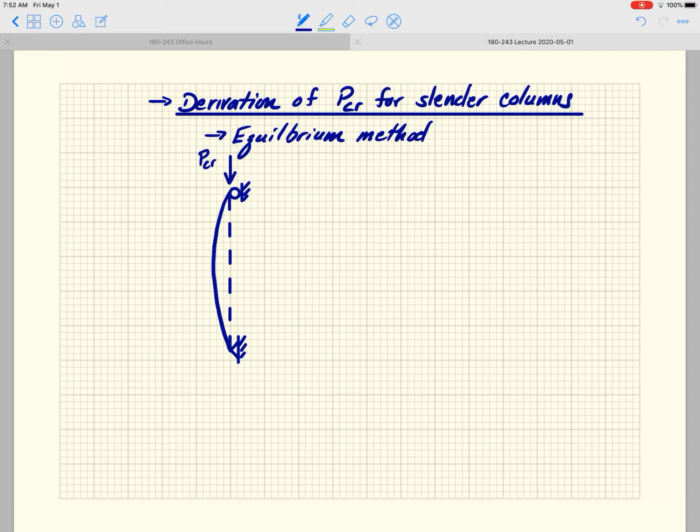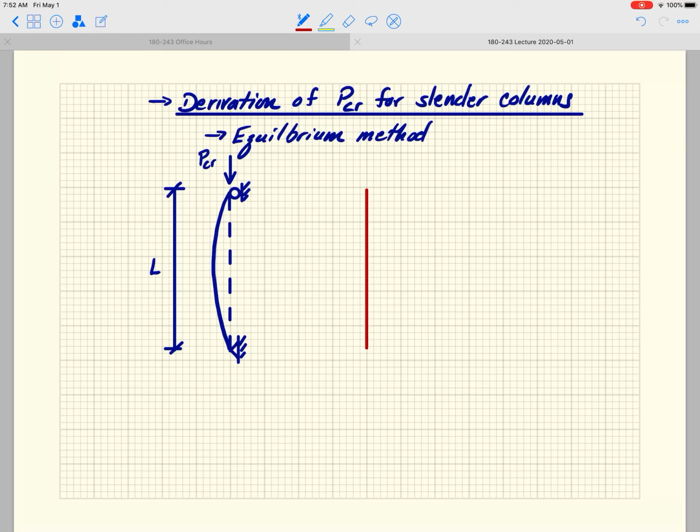And this guy we're going to say is P critical, and the length of the column we're going to define as L. And then what we're going to do is take a cut, just like we had been doing previously.